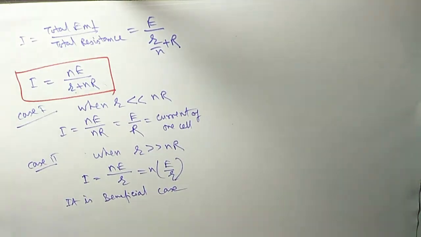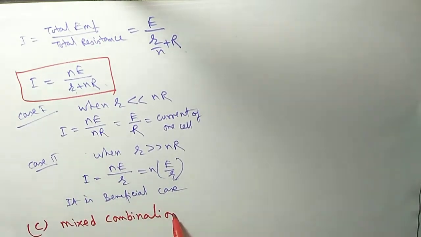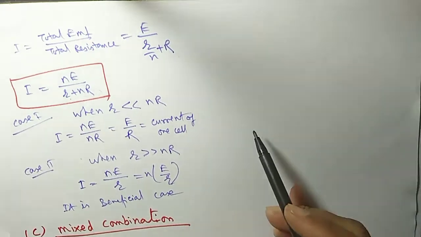Now we'll discuss the third case, that is the C, which is known as the mixed combination, means series and parallel both. We are taking the cells in mixed combination, series and parallel both. Okay, so see the circuit.